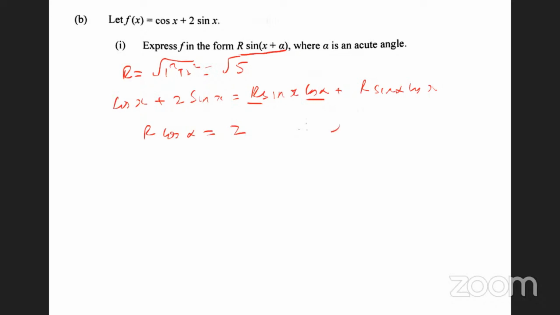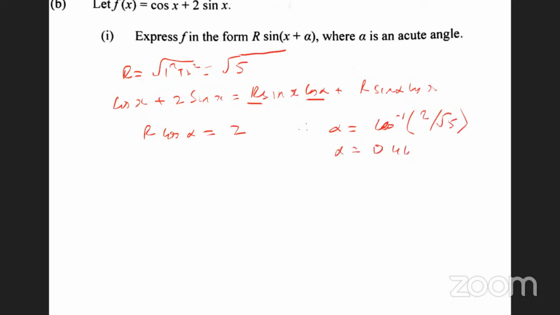Therefore, alpha is equal to cos inverse 2 over R. How much is that? Nice. So the final answer is f of x is equal to root 5 sine x plus 0.464.